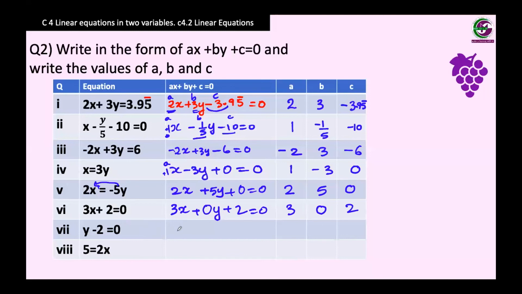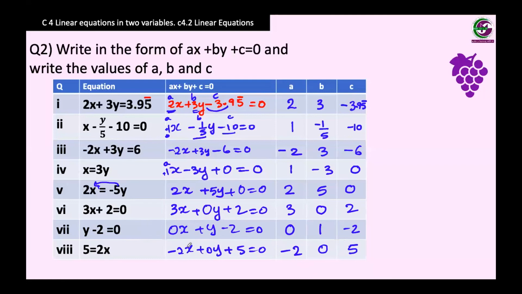Here the x term is missing, so we can insert 0x plus y minus 2 equal to 0. A is 0, b is 1, c is negative 2. Again, we have to take it back, so it is negative 2x plus 0y plus 5 is equal to 0. A is negative 2, b is 0, c is positive 5.